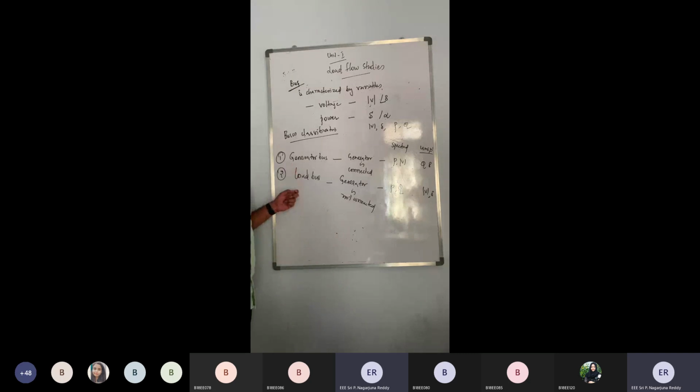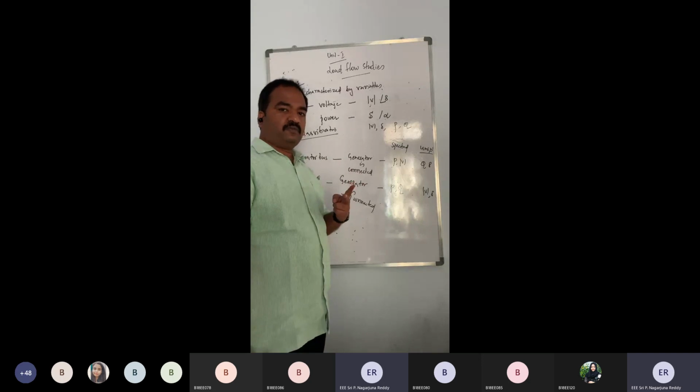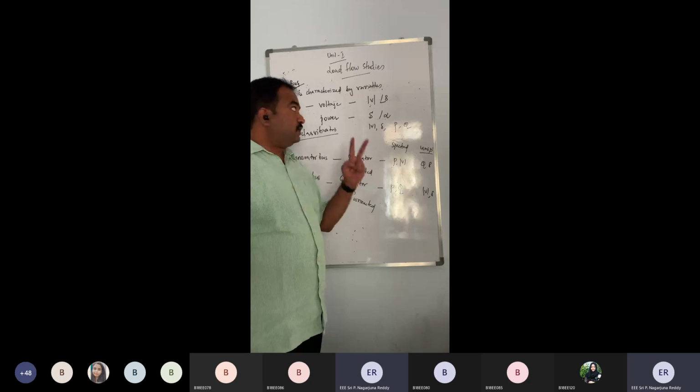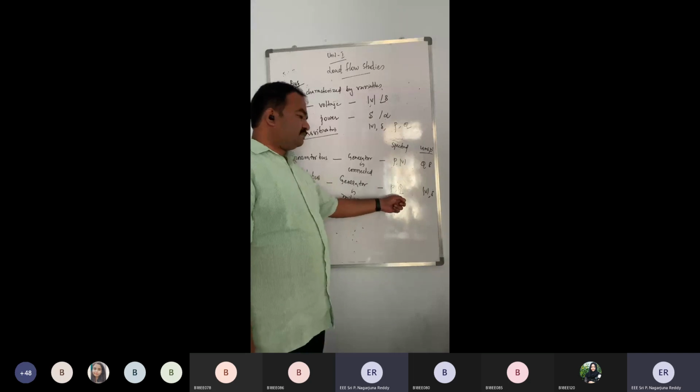One is a generator bus, the other one is a load bus. A generator bus is a bus to which generators are connected, and a load bus is a bus where a generator is not connected. And at each bus, at the start of the load flow problem, only 2 variables will be specified. The other 2 we are supposed to compute by doing the load flow study. So what are specified at a generator bus? P and mod V. At the load bus, P and Q.